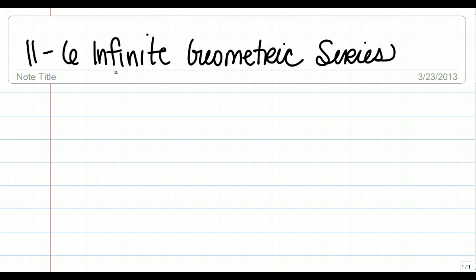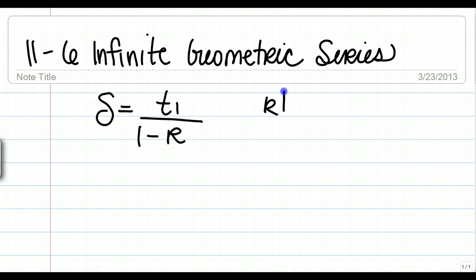First, let me give you a formula. You have S equals T1 over 1 minus R, but like I said, the absolute value of R has to be less than 1 in order for this to work, because the terms get closer and closer to 0, and it'll approximate to 0 in the end.